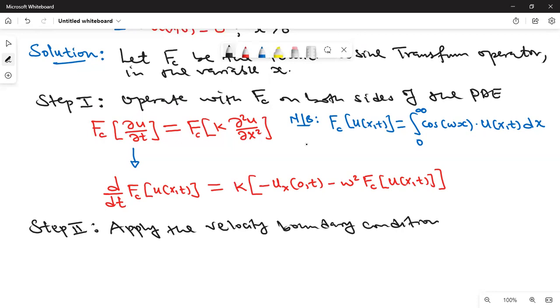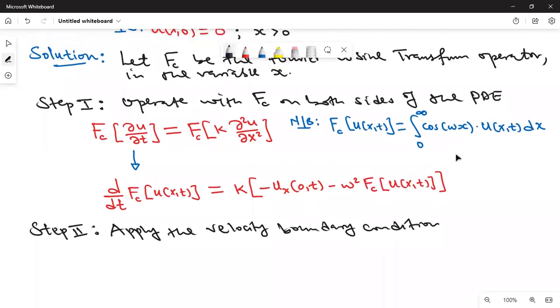Velocity, because we have differentiated u with respect to x. So that boundary condition at the lower end, I mean when x is equal to 0. What is u?